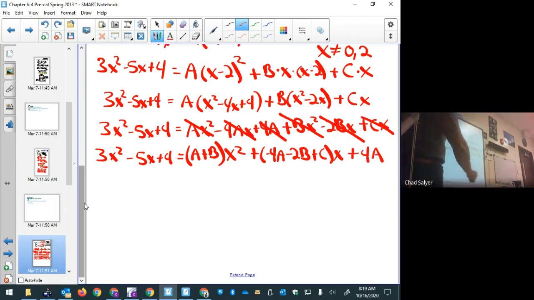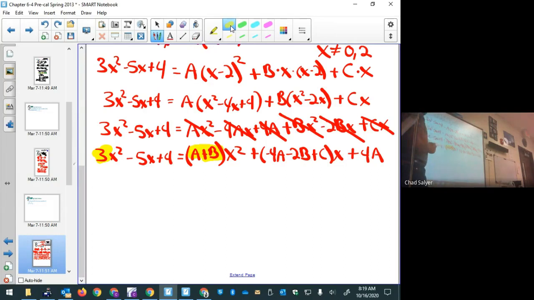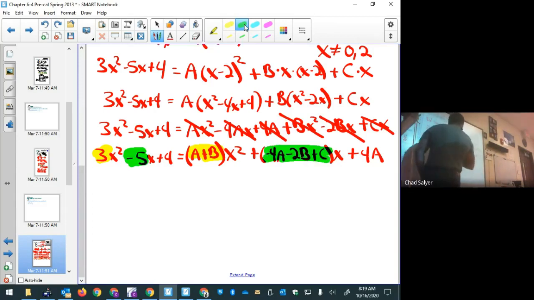So once I've got all this figured out, I can develop my matrix. So I know A plus B has to equal 3 because they're both coefficients of x squared, and no action in the other terms can impact the value of x squared. And then minus 4A minus 2B plus C has to equal minus 5. And then plus 4A has to equal plus 4.